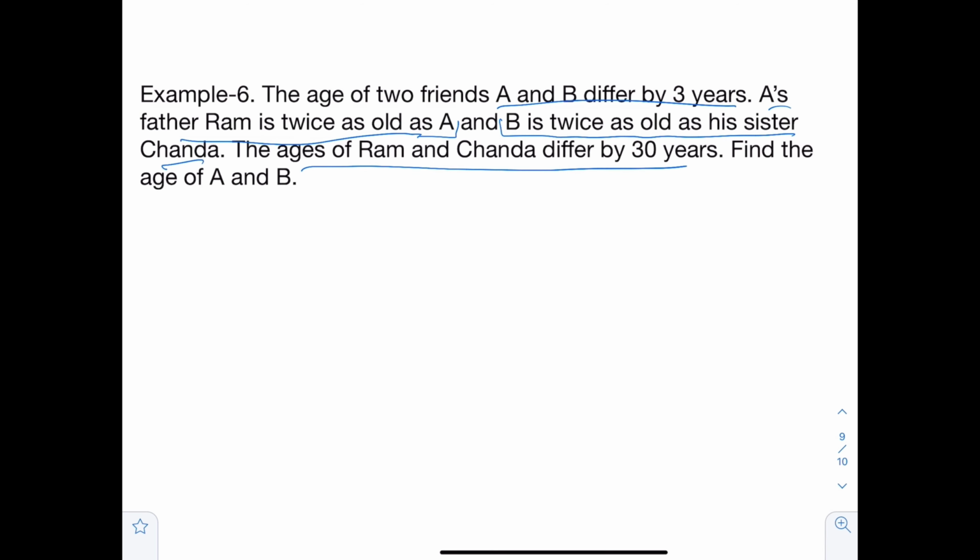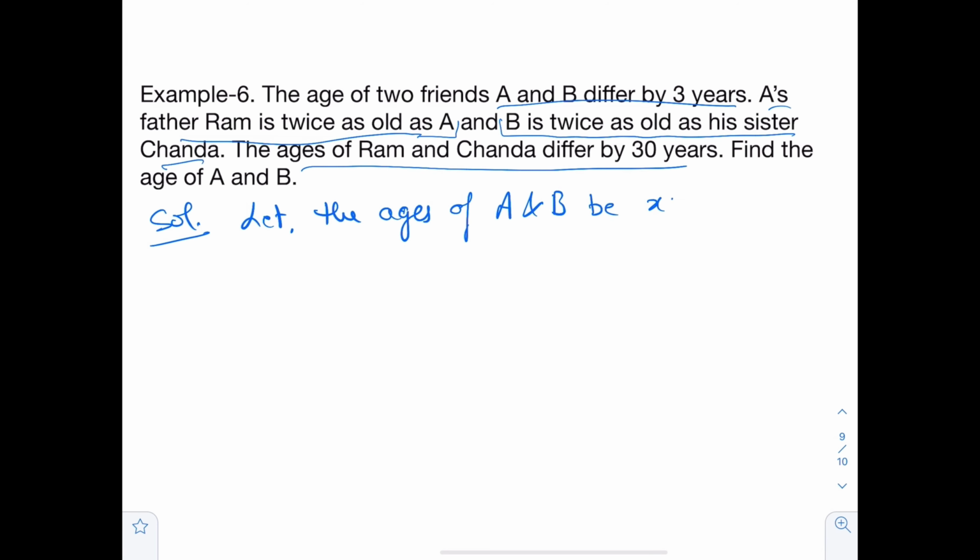Find the ages of A and B. So here let the ages of A and B be x years and y years respectively. Then we can write x minus y equal to 3.